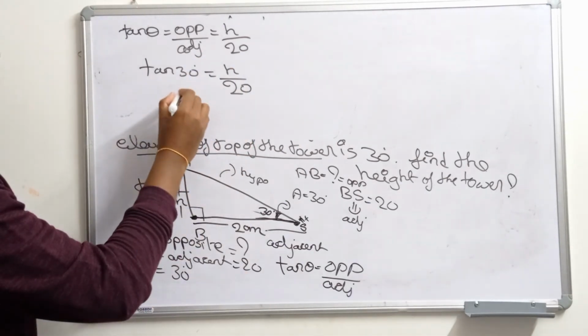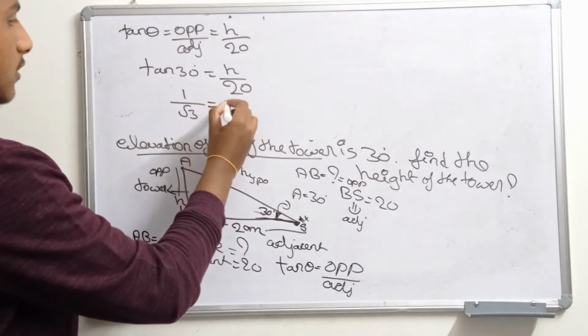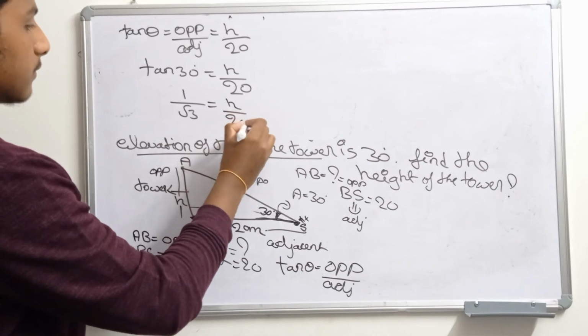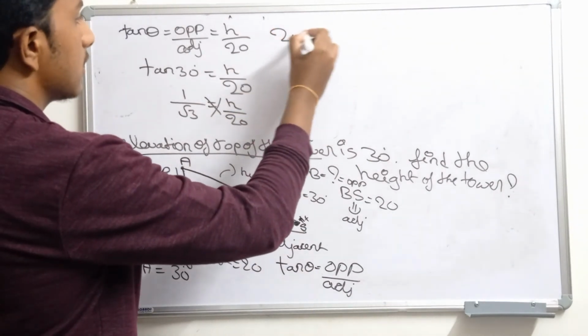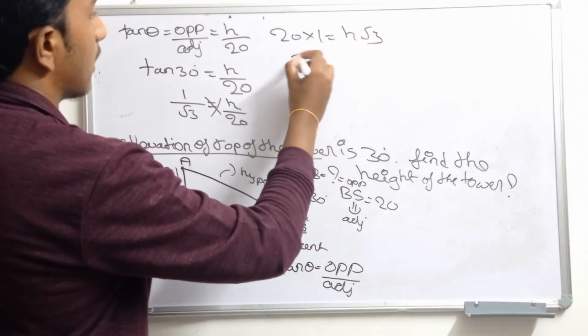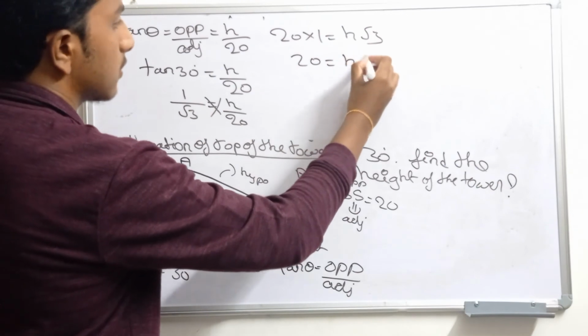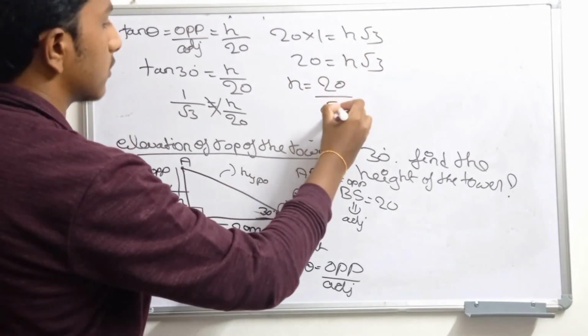Tan 30 is equals to 1 by root 3 is equals to H by 20, and take the cross multiplication. 20 into 1 is equals to H root 3, so 20 is equals to H root 3, and H is equals to 20 by root 3.